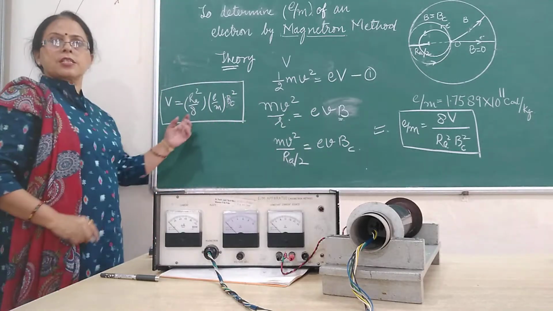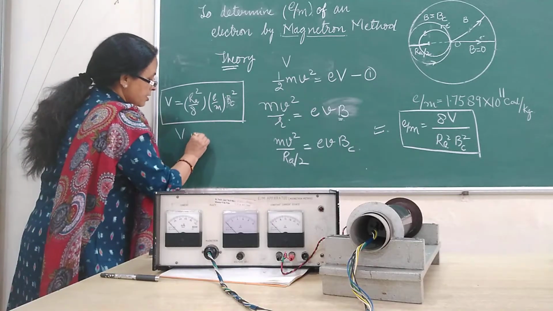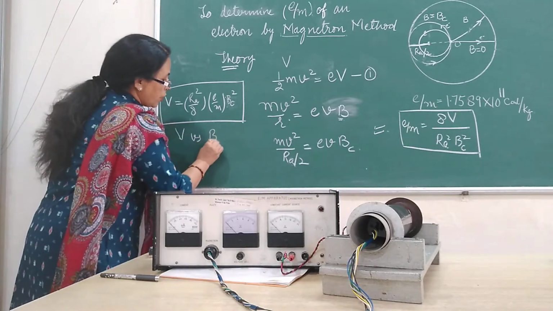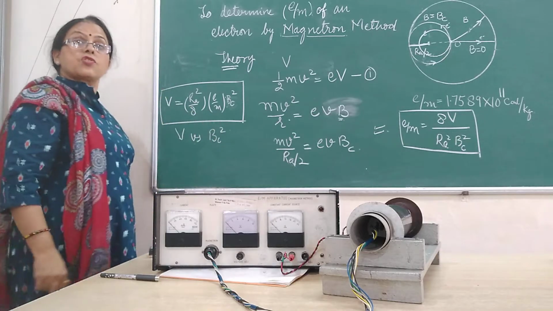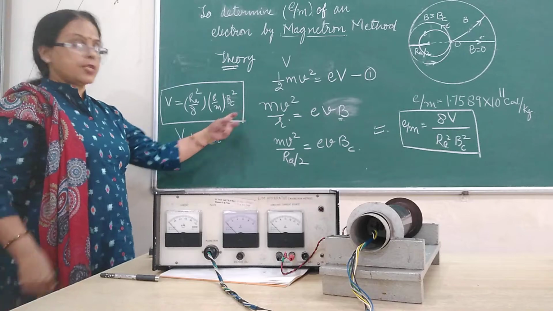If we look at this result, we can see that V versus BC square will be a straight line.